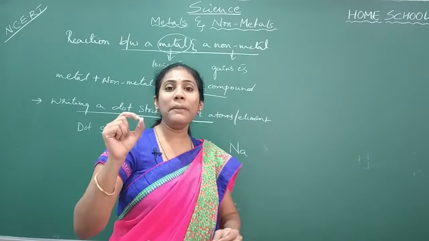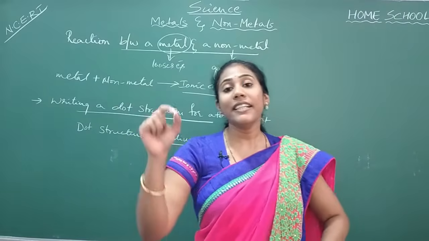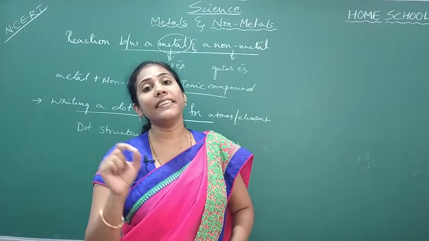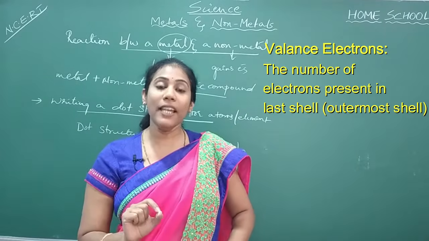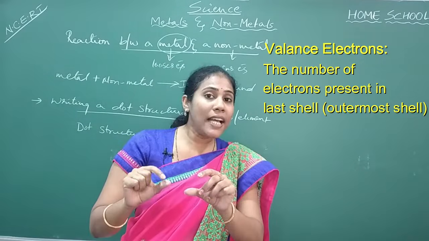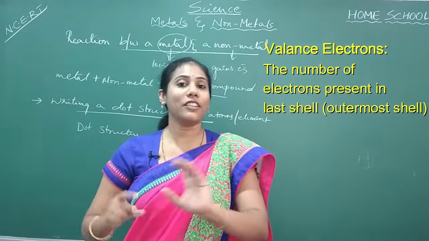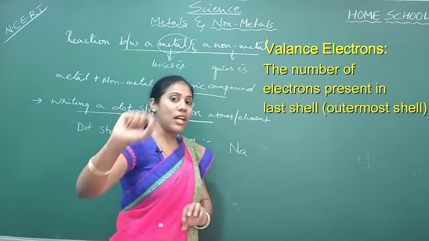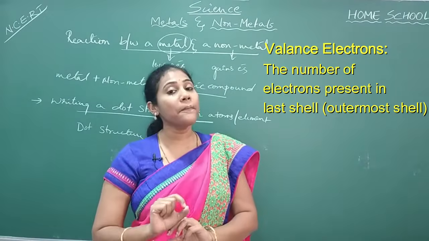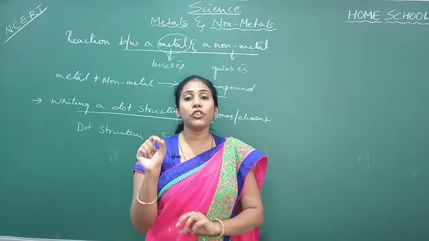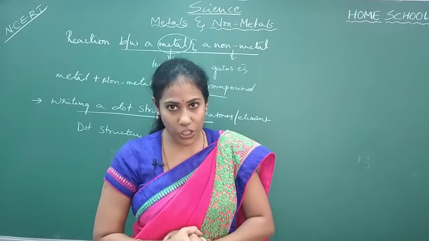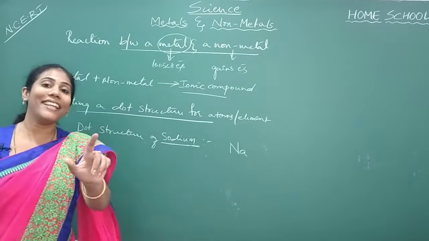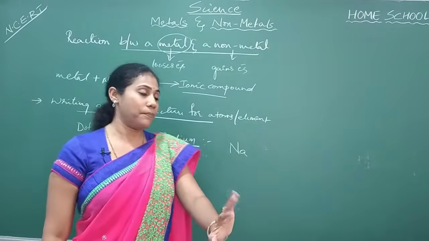What do we mean by valence electrons? It is the number of electrons present in the last shell. How do you come to know that? By writing the electronic configuration.